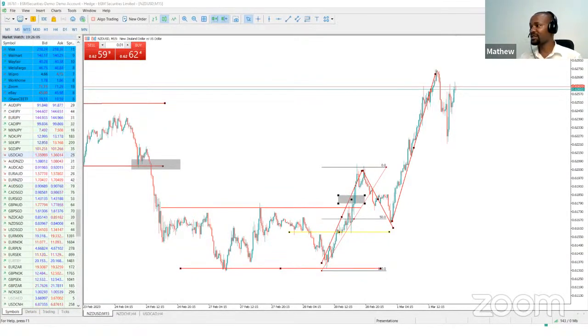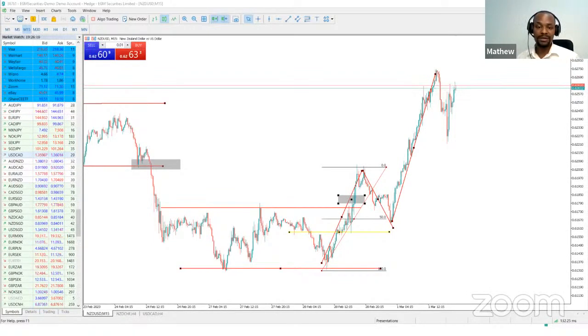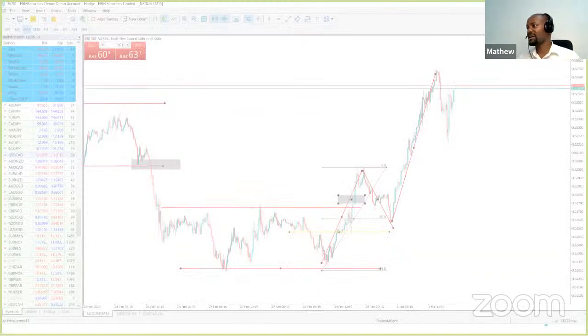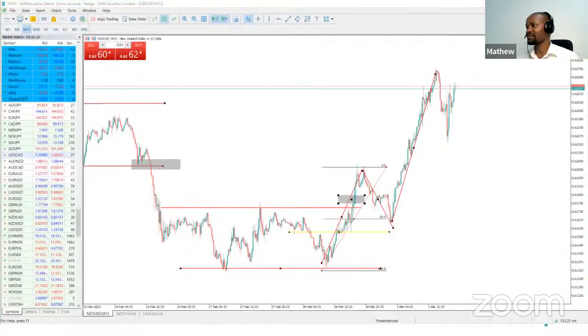Please, if you have questions, post them here and we will respond. If they are related to the smart money concept, that will be best. I want to get the next chart.